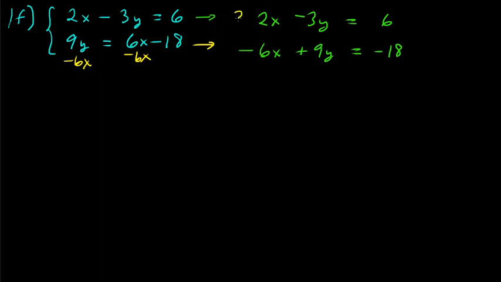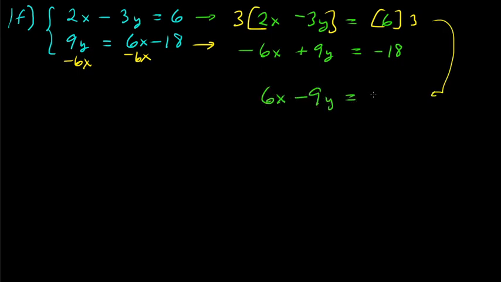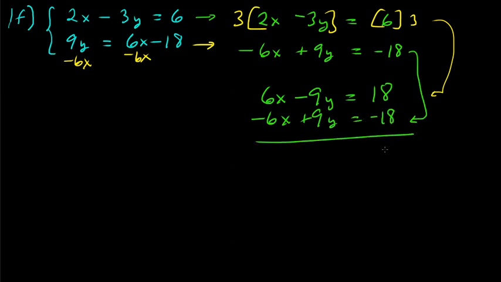So either way, we're going to multiply the top equation by 3, again on both sides. So when we do that, we get 6x minus 9y is equal to 18. And then the bottom equation, we can leave that alone. -6x plus 9y equals -18.